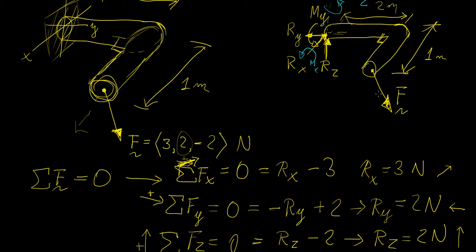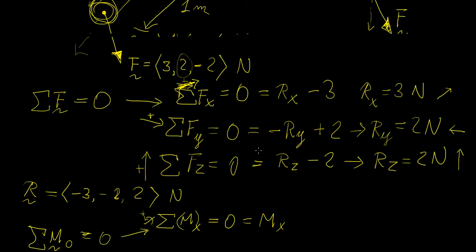And then we're going to have a moment generated basically by the force acting about, causing a rotation about the x-axis here. So that force is actually going to be the z component of that. So the z component, which is going to look something like that, is going to cause a rotation about the x-axis. So we have 2 meters, that's the distance, and the z component here, so that's going to be minus 2 times 2.